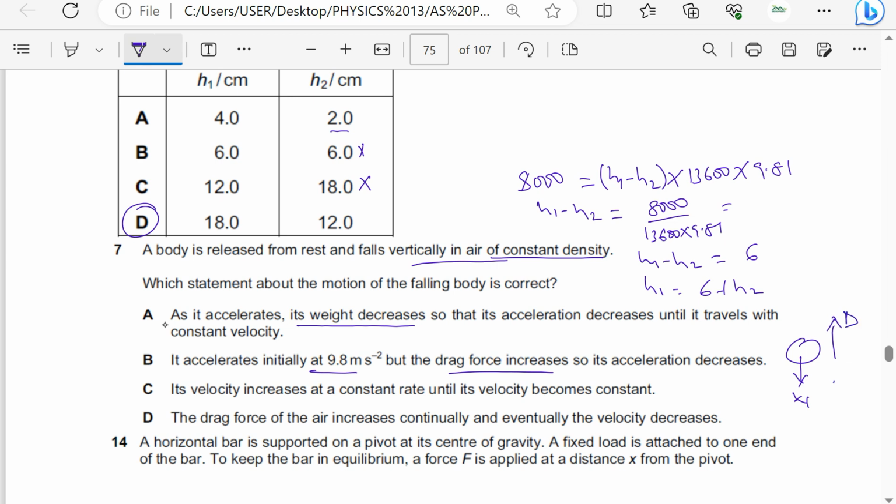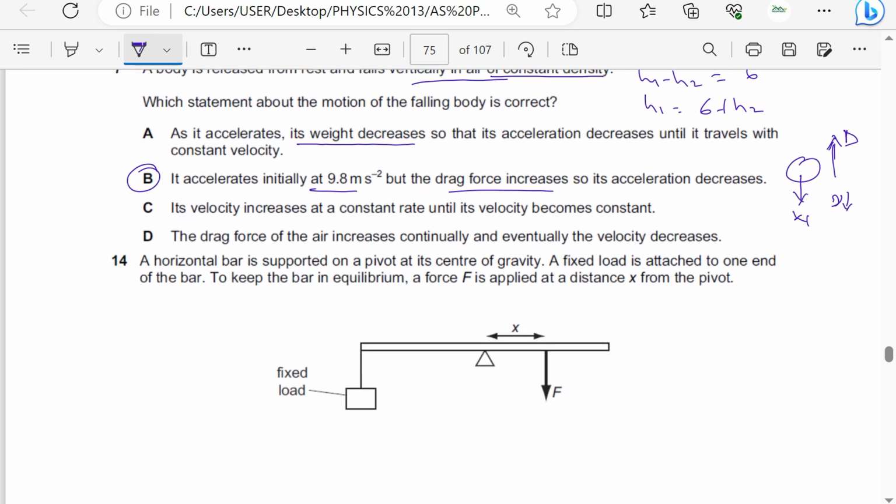As v increases downwards, drag force increases upwards, so the resultant force decreases. So its acceleration decreases, and the answer is going to be B. Eventually its acceleration decreases because it reaches terminal velocity, a constant velocity. So the answer is B.